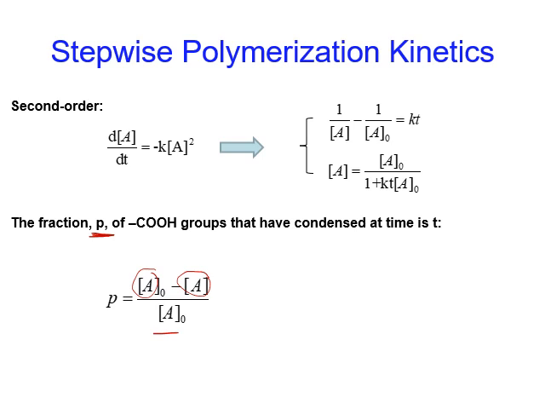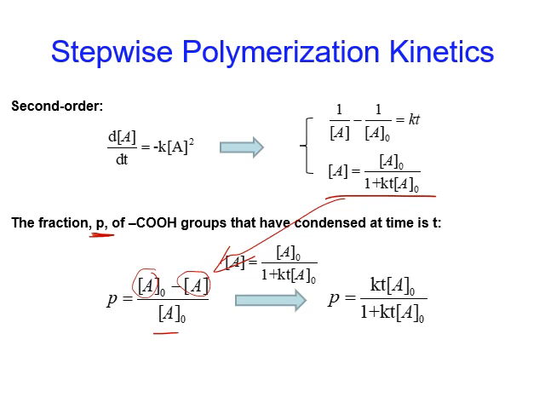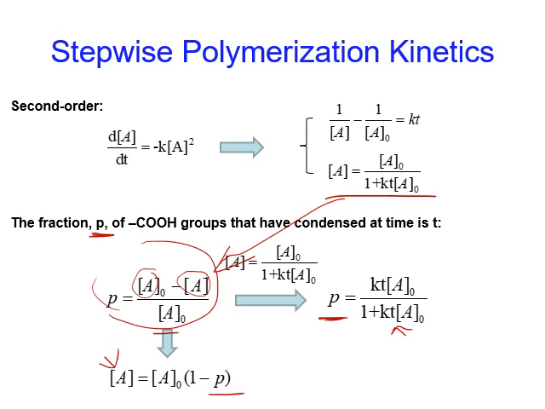If we plug in the integral rate law, we can get an equation that tells us the fraction of the functional group condensed as a function of time. Now, this equation can also be modified to show that the concentration left is a function of P.